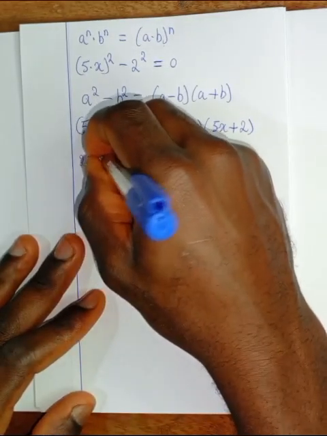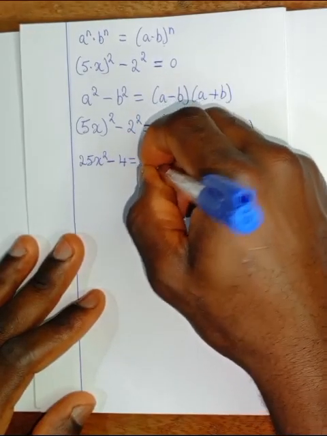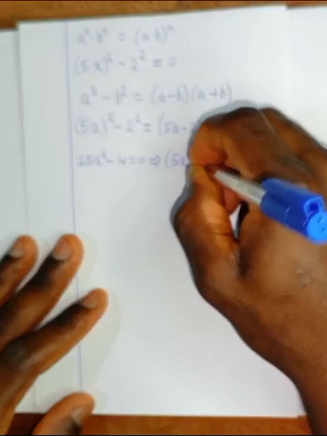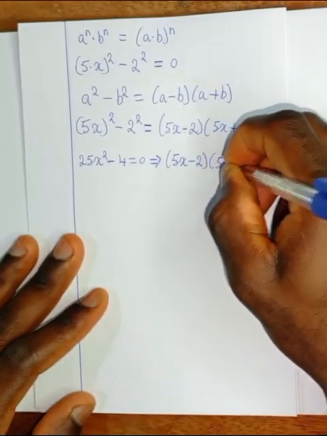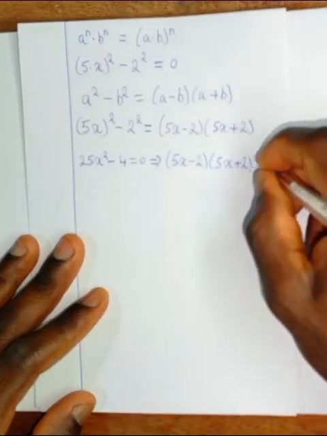So we have 25x squared minus 4 equal to 0. Then this will give us 5x minus 2 times 5x plus 2, which is the factorization of this, is equal to 0.